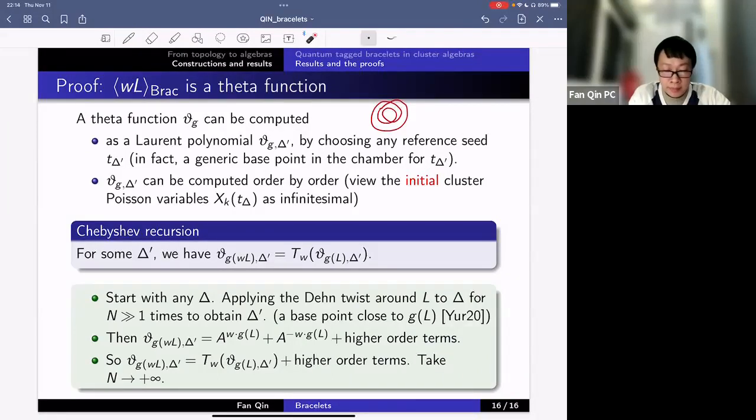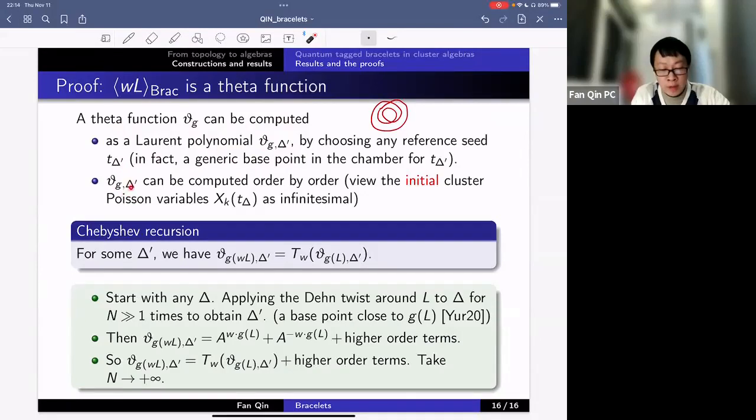In general, a theta function, theta g, can be computed as a Laurent polynomial by choosing a reference seed, t delta prime. In fact, we choose a generic base point in the chamber corresponding to this seed, and we calculate the Laurent polynomial corresponding to it. This was a calculation carried out in the scattering diagram.